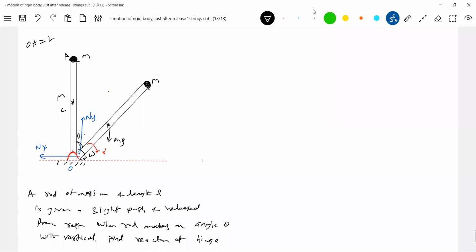Then where is the center of mass of the system? I'm shifting it. Somewhere it should come here. O is the midpoint of the rod.